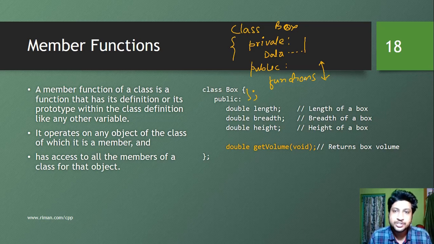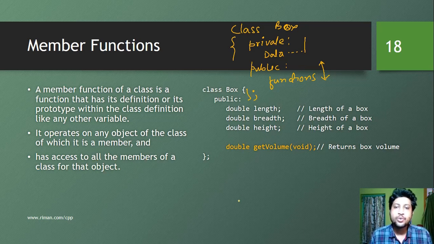So these functions operate on any objects of the class of which they are members. On the data members of some objects, these functions actually work and have access to all the members of the class for that particular object.